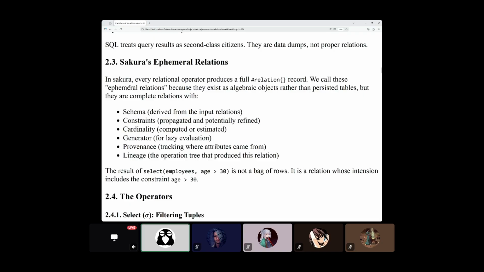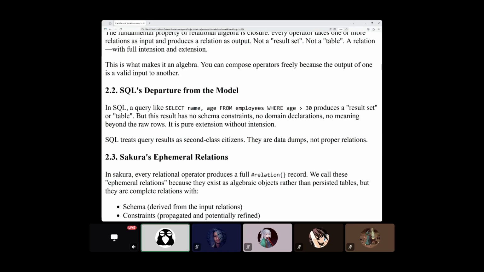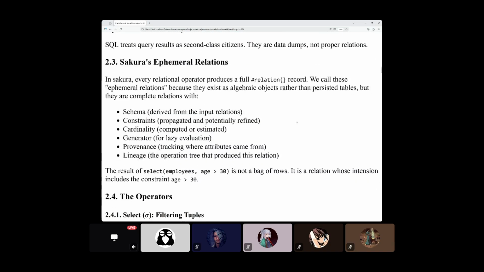I call those ephemeral relations because they're not relations that are registered in the database. They're just a variable that resulted out of another manipulation. So a query, like that select I gave you just now, should generate another relation that you can manipulate. That would be an ephemeral relation.